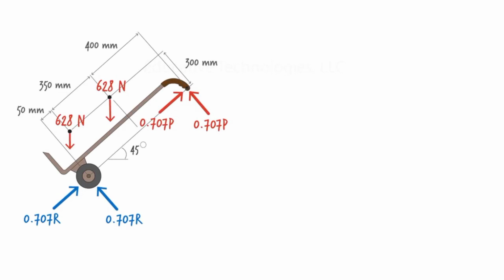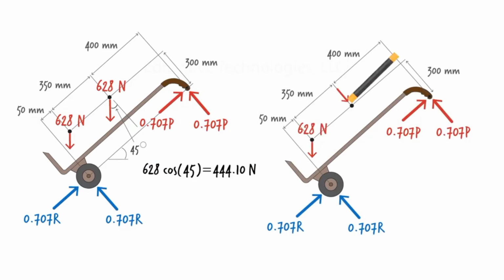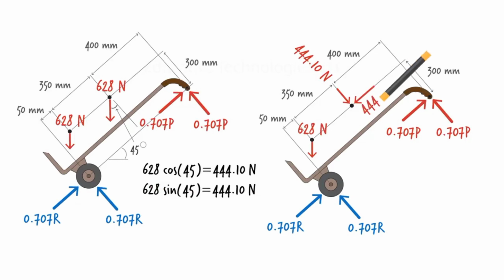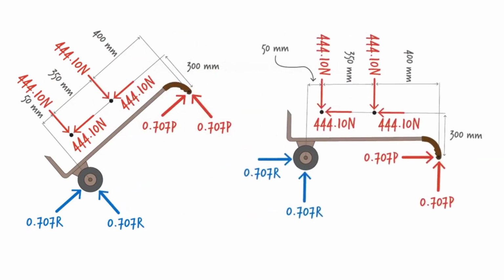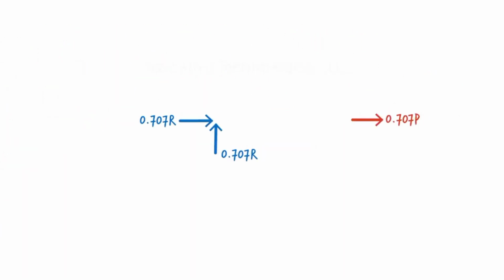Note that the two 628 Newton forces each make a 45-degree angle with the y-axis, so we can easily determine the x and y components of the force. Replacing both forces with their x and y components, we end up with this free body diagram. Again, if it is more convenient for formulating the equilibrium equations, we can rotate the entire free body diagram like this. Here is the free body diagram where only the relevant forces and distances are shown.